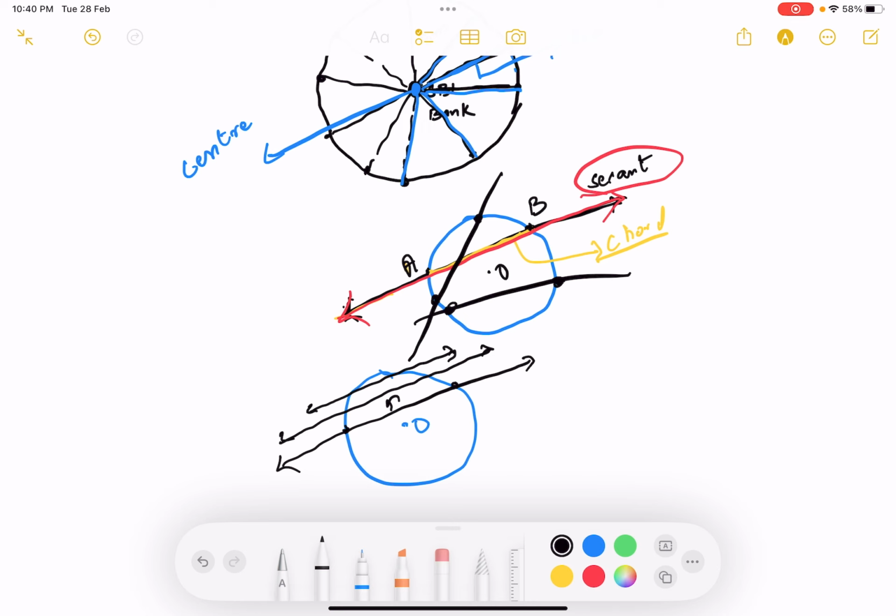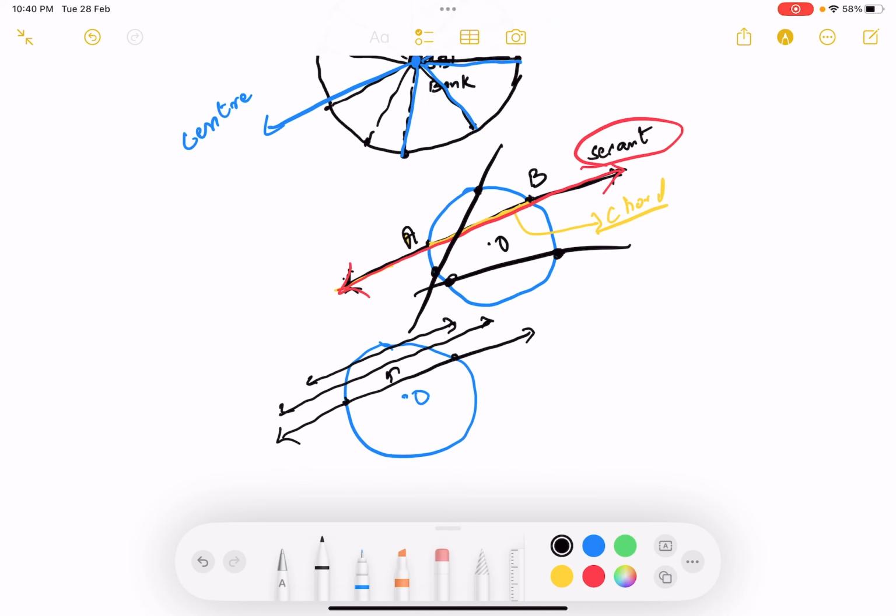Then there will come a point when this secant will exactly touch the circle, and then it will intersect the circle at only 1 point. Here it was intersecting at 2 points, here also 2 points, and there will come a point where it will touch the circle at only 1 point.